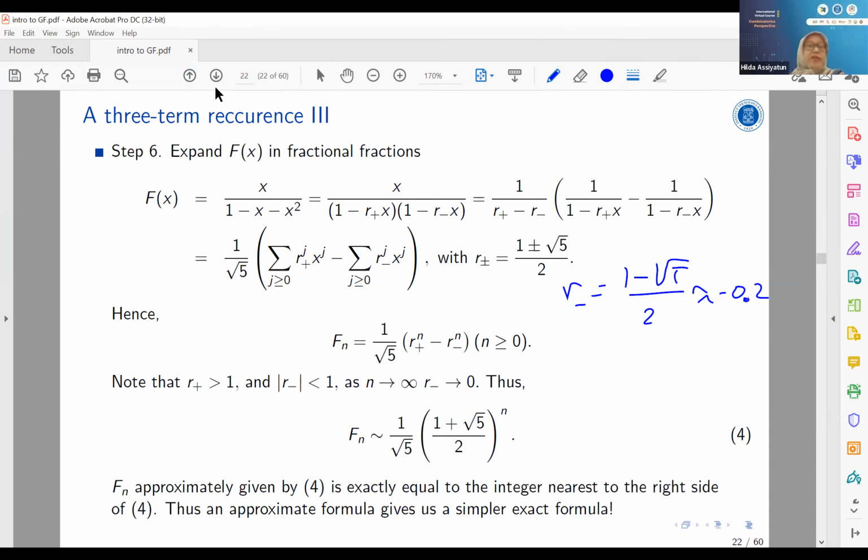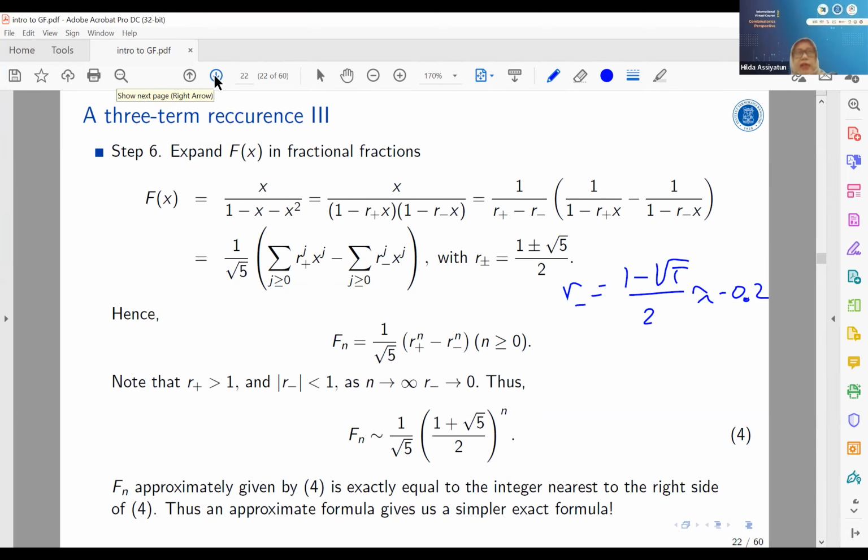All right. These are examples of one variable sequences. The first one is very simple; we can get the explicit formula without this machinery. The second one is slightly harder, but still easy if you have learned how to get the explicit formula for a recurrence using the characteristic equation.